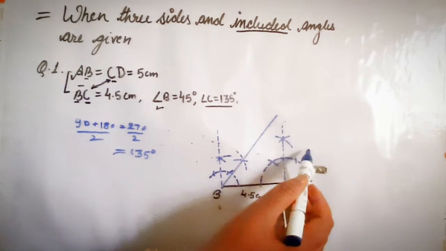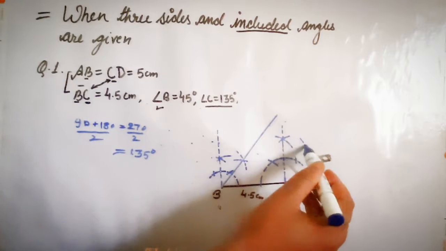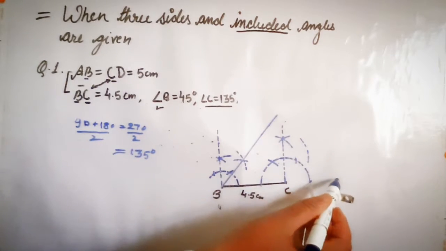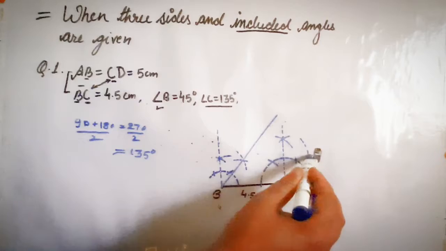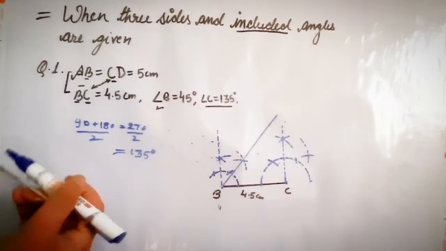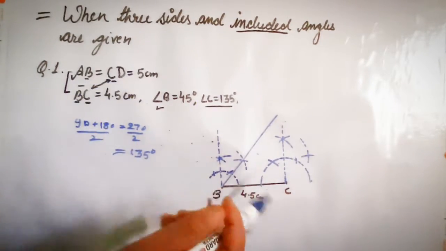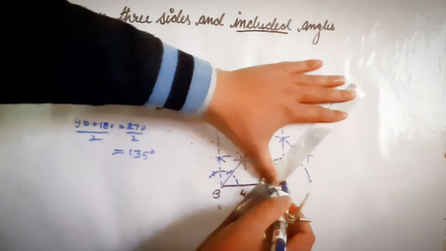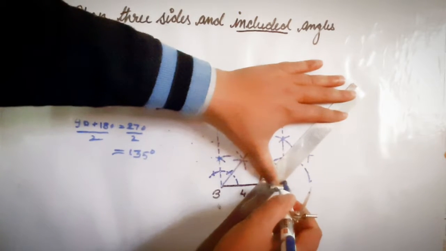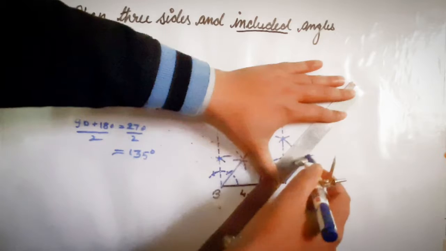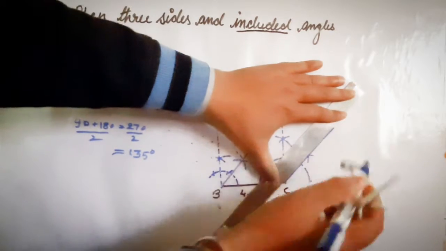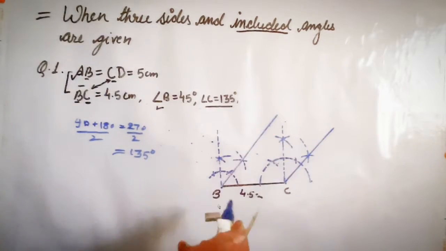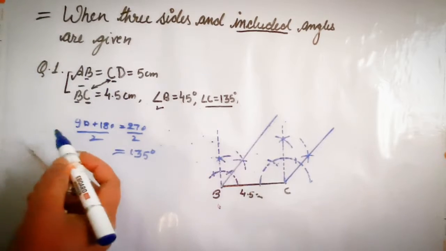So one arc from 90 and another arc from 180. Point of intersection with C, this is your angle of 135 degree.